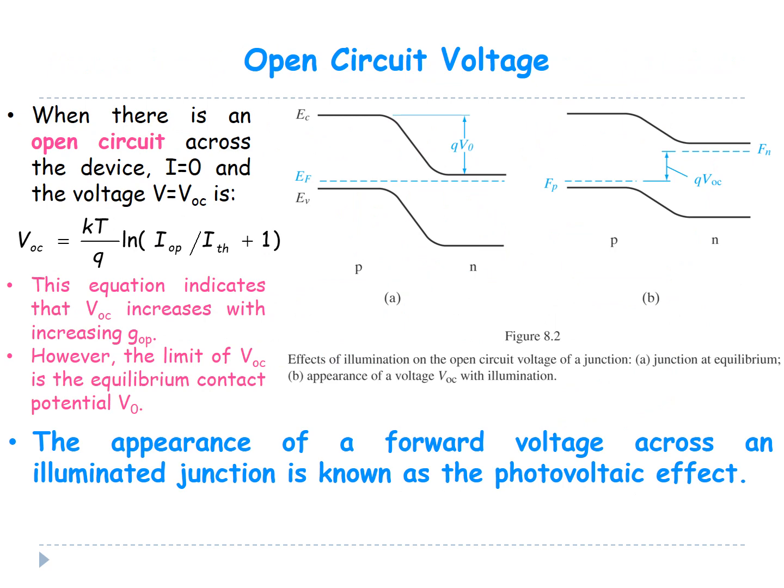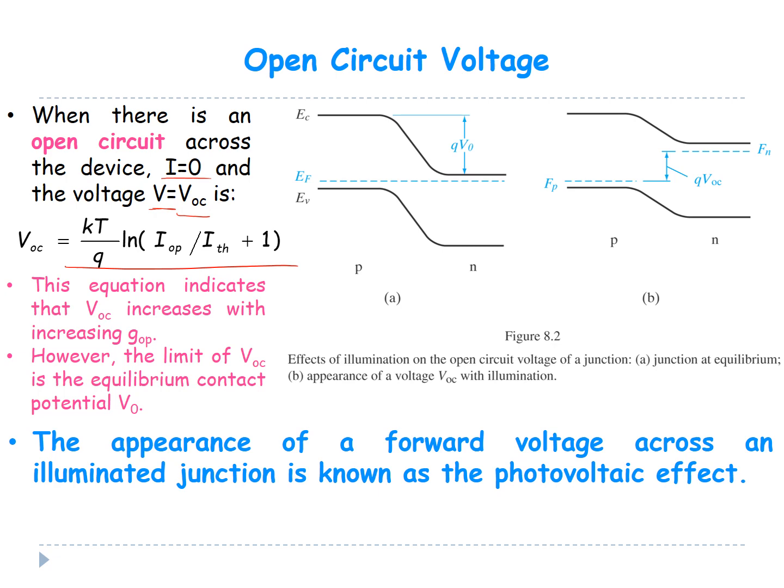Okay, now when there is an open circuit across the device, the current is 0, but you've got a voltage V equal to V_OC, where V_OC is what we call the open circuit voltage, and V_OC is equal to kT over q times ln(I_OP over I_F plus 1).